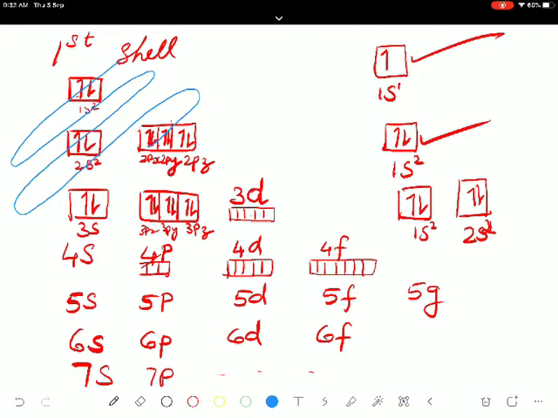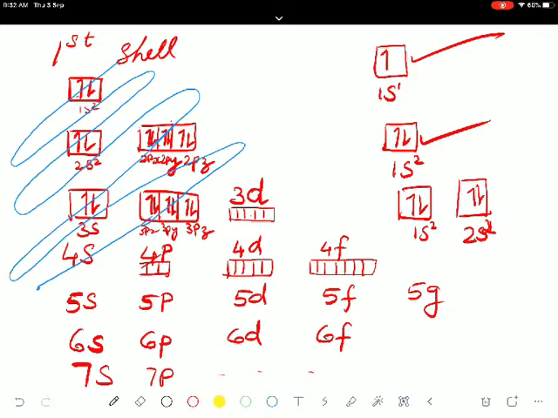So 1s, 2s, 2p, 3s, then 3p, after 3p is 4s. So instead of going to 3d, we will be coming to 4s.